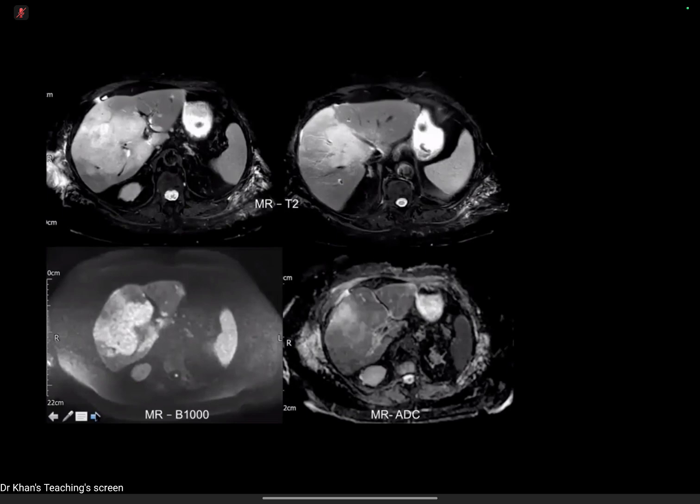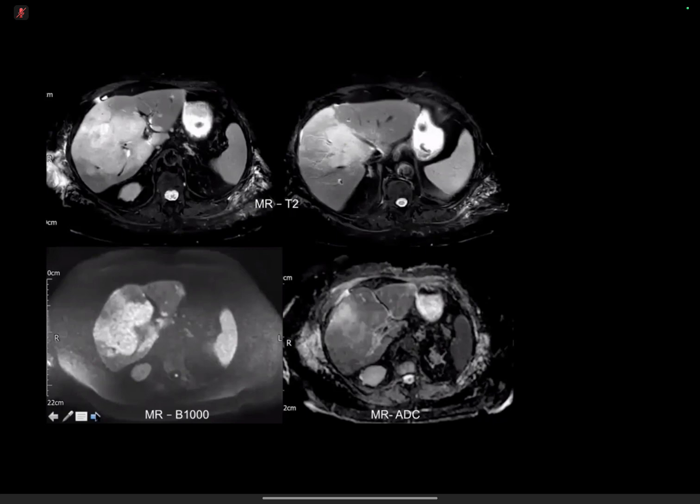Consenting needs to be done. And then the technique is ultrasound guided, it varies from center to center. In my center, we do it with an 18 gauge needle, percutaneous biopsy.